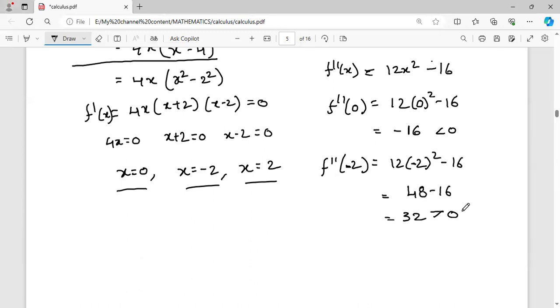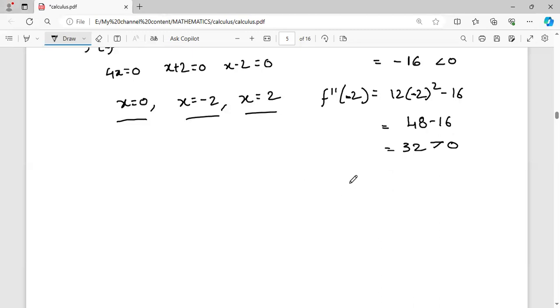Next, coming to f double dash of 2, similarly 12 into 2 whole square minus 16. That value is 48 minus 16 equal to 32, which is also greater than 0.